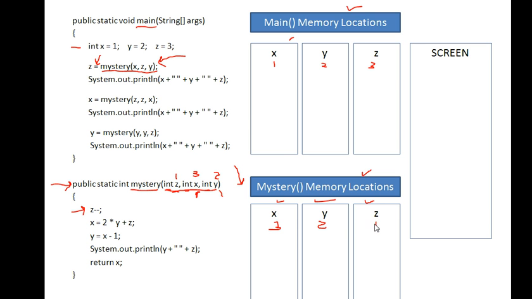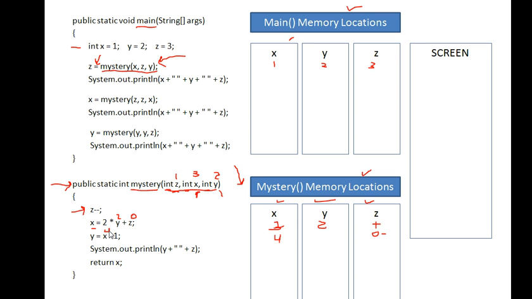And so z is decremented, so that becomes 0. Then x here is assigned 2 times whatever y is, and y is 2, and then plus z. Now at this time z is 0. So 2 times 2 is 4, so x is assigned 4. The next thing, go to the next line down, and y is assigned whatever x is minus 1, and x is now 4.